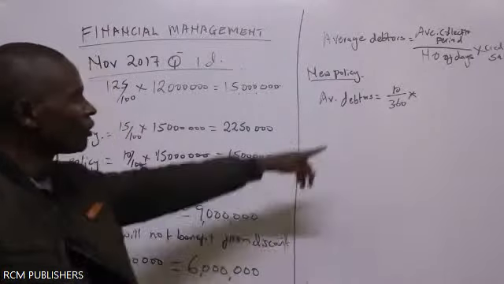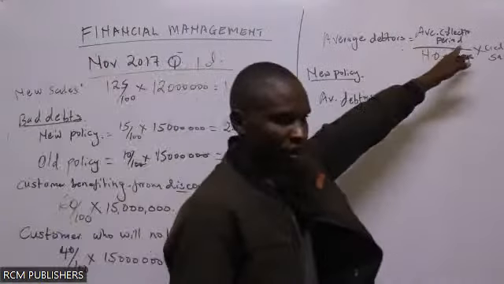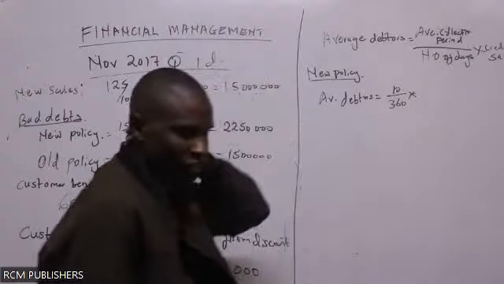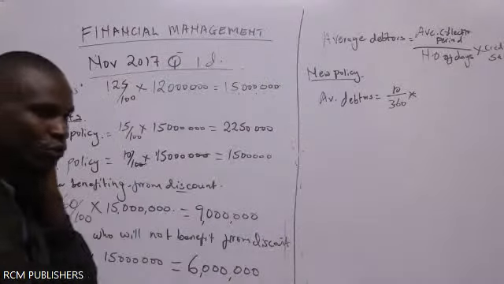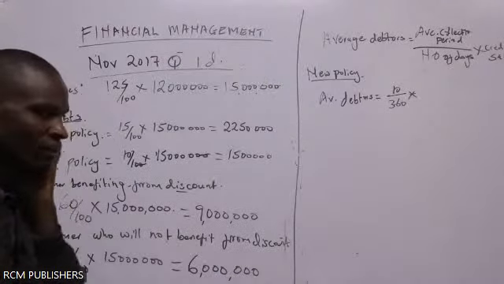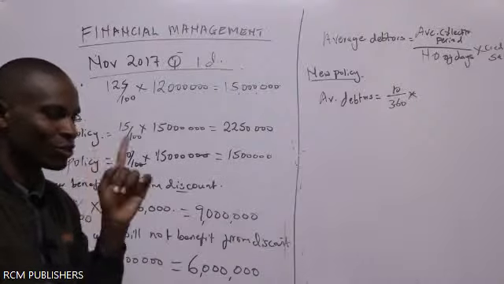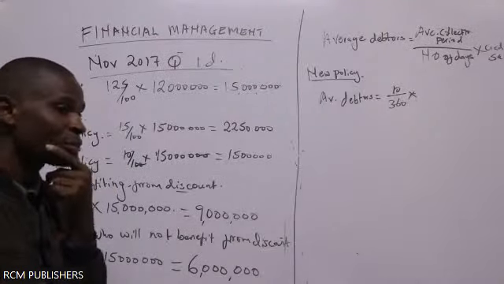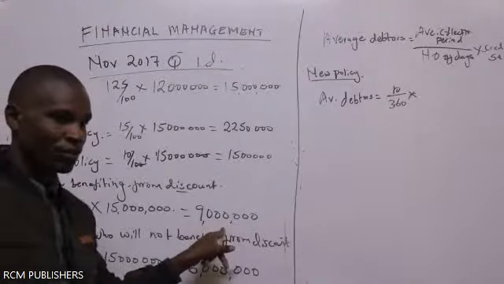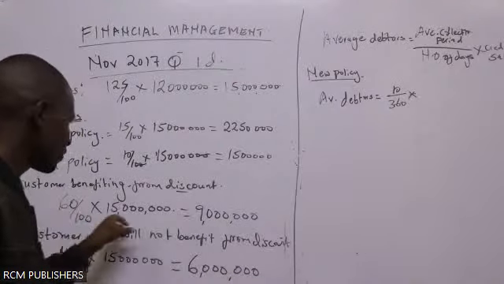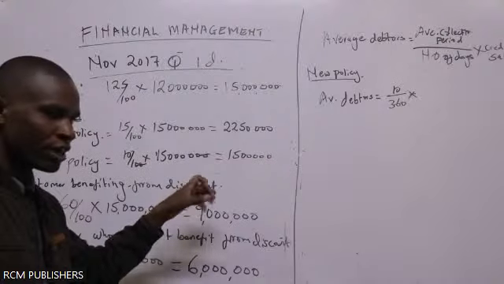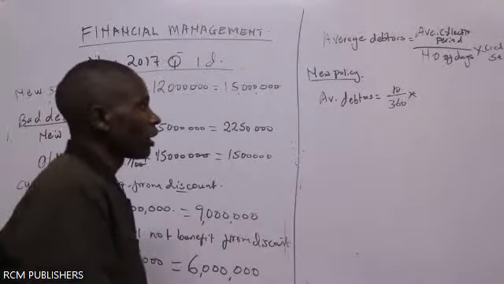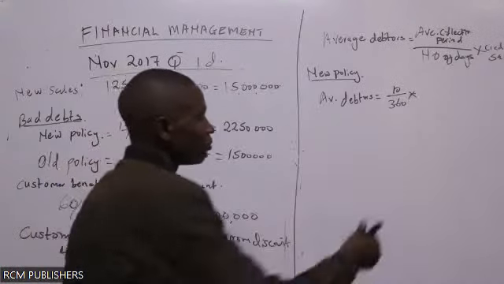Nataka tu unaona formula yetu times the credit sales. Goods zenye tuliuza on credit na tutawapatia discount. Already computed. 60% walinunua on credit within the limit, so watapata discount. So the average data on that will be times 9.